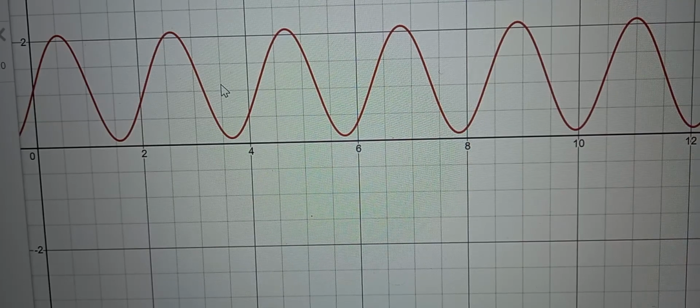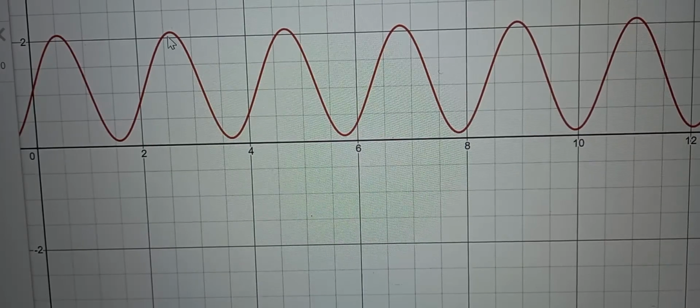So yeah, now that you've given it a try, you can find the distance between the first crest, let's say, and that crest.